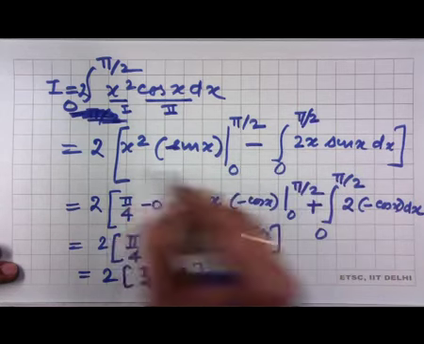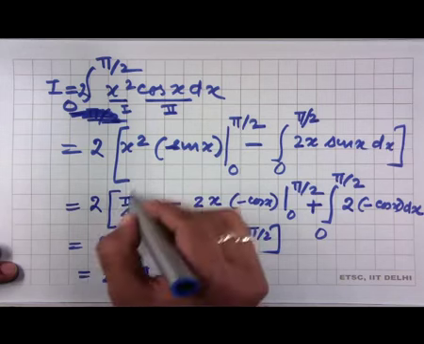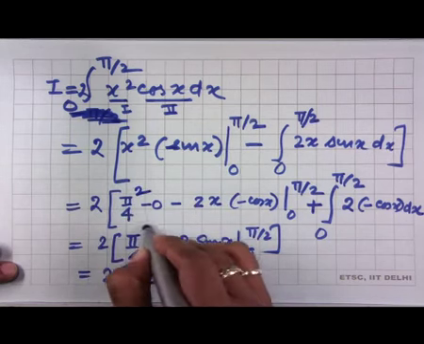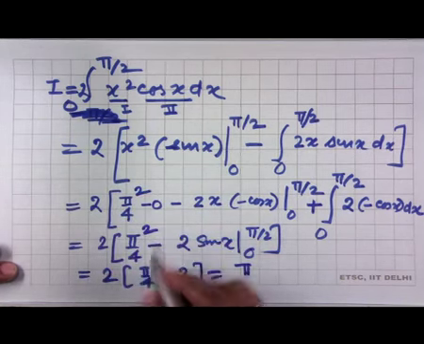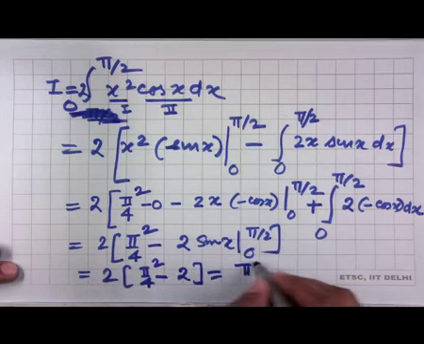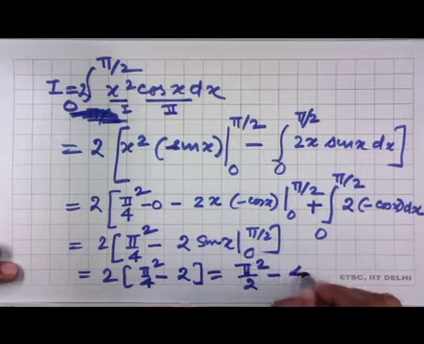I have missed a pi square here. So the final answer is pi square by 2 minus 4.